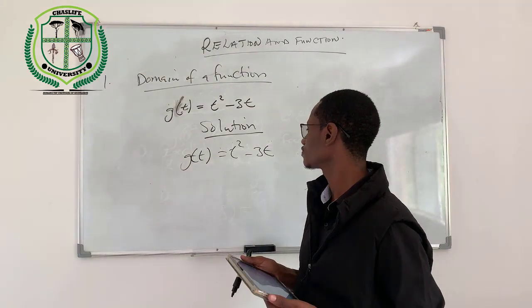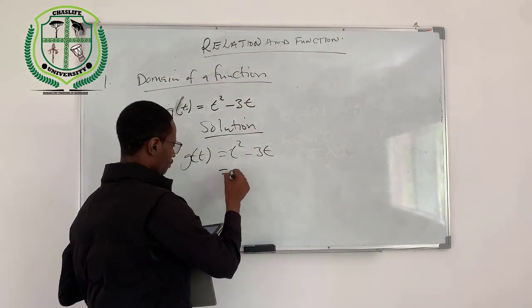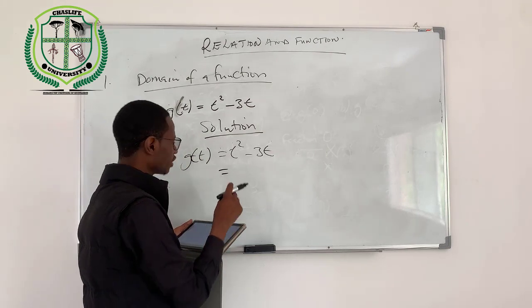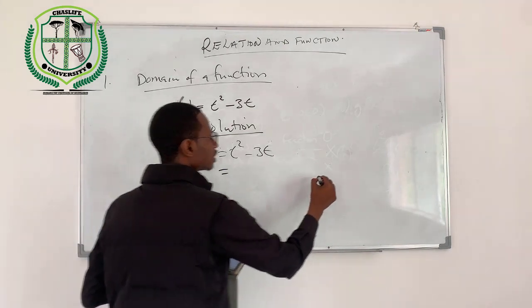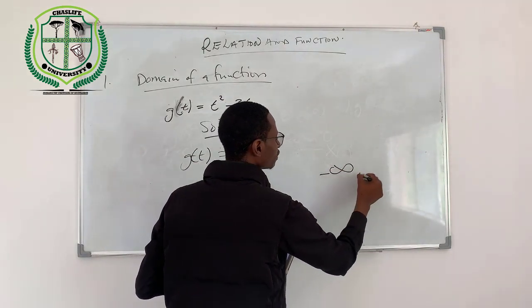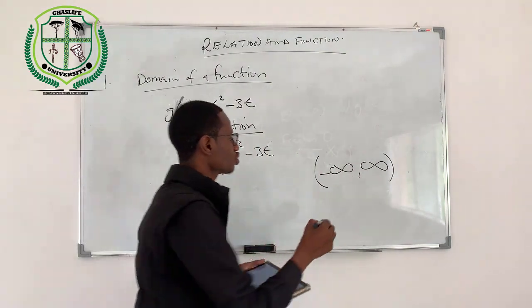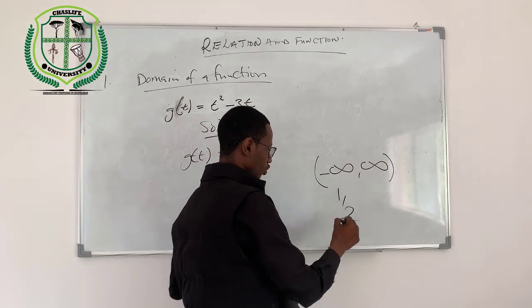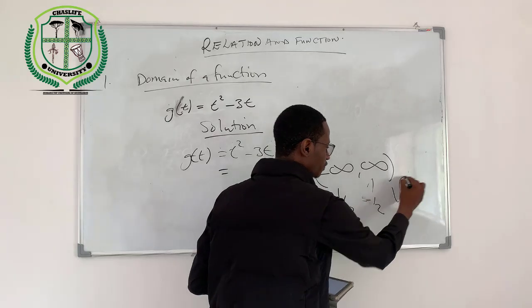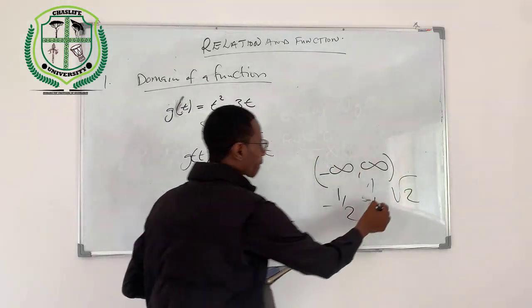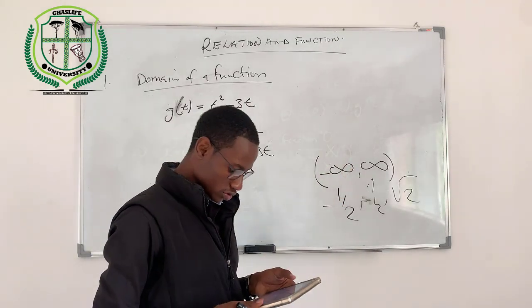If you substitute any number, it will still give you a real number, ranging from negative infinity to positive infinity. In short, it is not going to give you something like 1 over 2, or negative 1 over 2, or positive 1 over 2. So this has no restriction. This equation is clean.